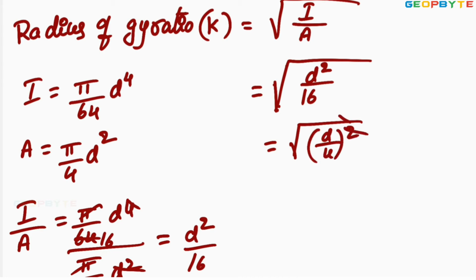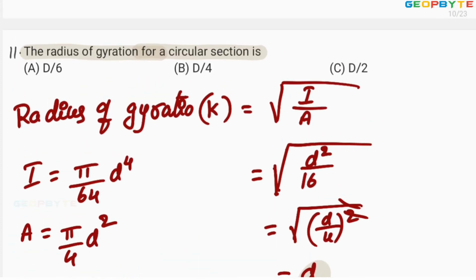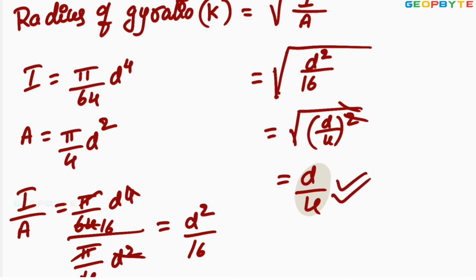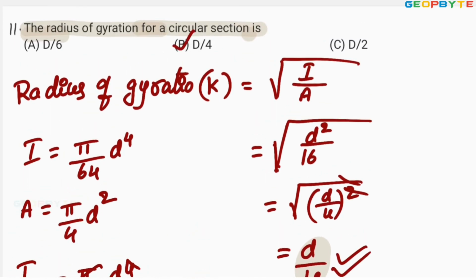The square and root cancel. Finally, it is d by 4. That is the radius of gyration for a circular section. So option B is absolutely correct. Whether it is capital D or small d is immaterial. The radius of gyration for a circular cross section is d by 4. I hope you understood. Let us go for another problem.